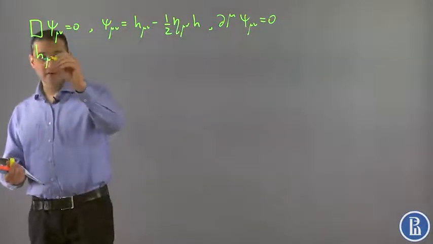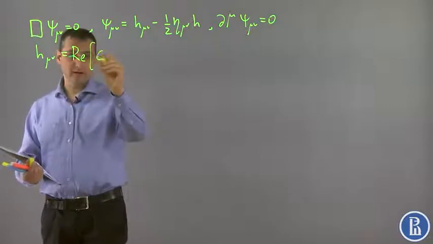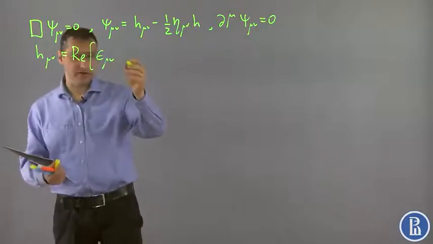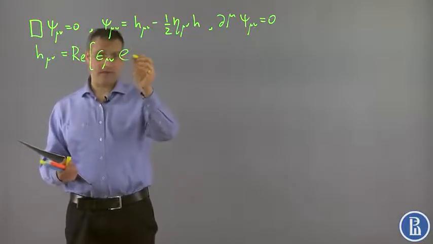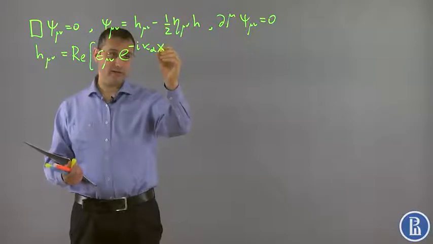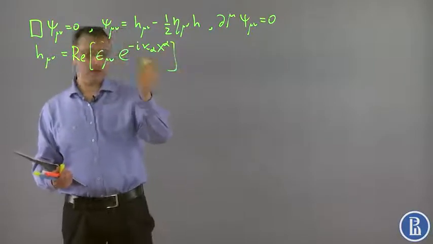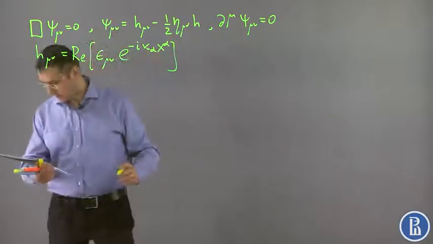And we have been looking for the solution of this equation in the form a real part of epsilon mu nu, where this is a complex tensor, times e to the minus I k alpha x alpha, and k and epsilon are constant, x independent. K is real, epsilon is complex.